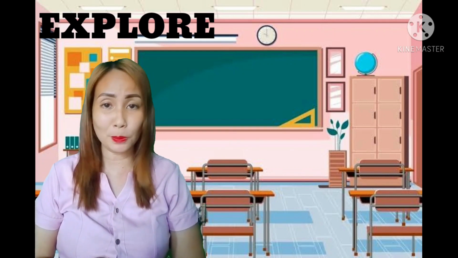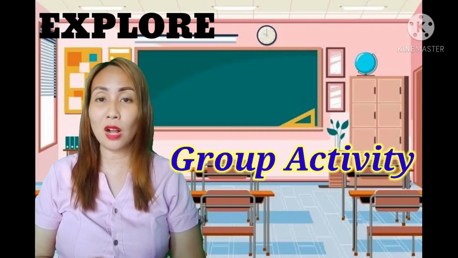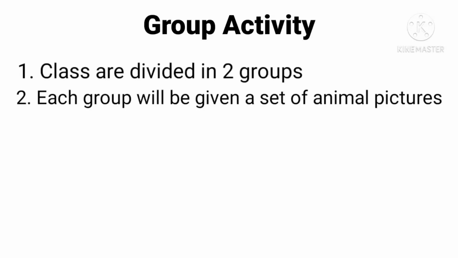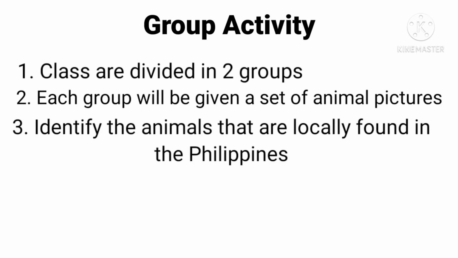is your group work. So here is what you're gonna do. The class will be divided into 2 groups. Each group shall receive a set of animal pictures. From these pictures, you are going to identify the animals that are locally found in the Philippines and paste it on the manila paper.